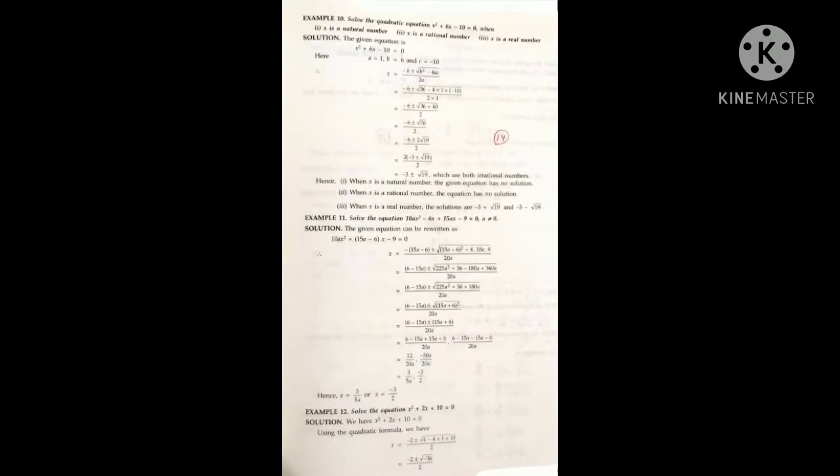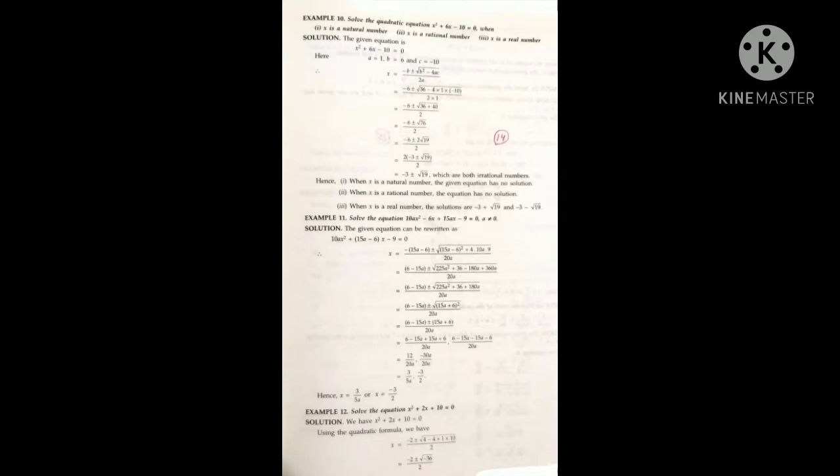And finally we get the answer as x is equal to minus 5 plus minus under root of 13 divided by 5. So we get the two roots as minus 5 plus under root 13 by 5 and minus 5 minus under root 13 by 5. I hope it's very clear. So let us move on to the next page, page number 14.